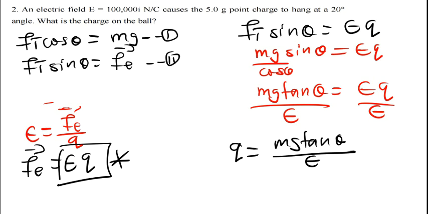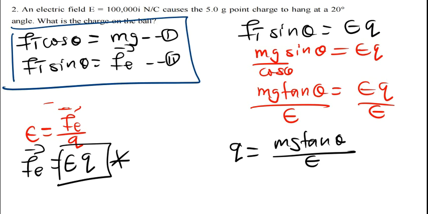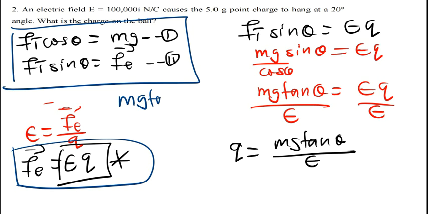Now, one thing I want you to understand is this. Before we even continue, let me explain something. From these two formulas, the first formula and this one, when I combine them, I get mg tan theta is equal to EQ. Here I can find anything which I want.